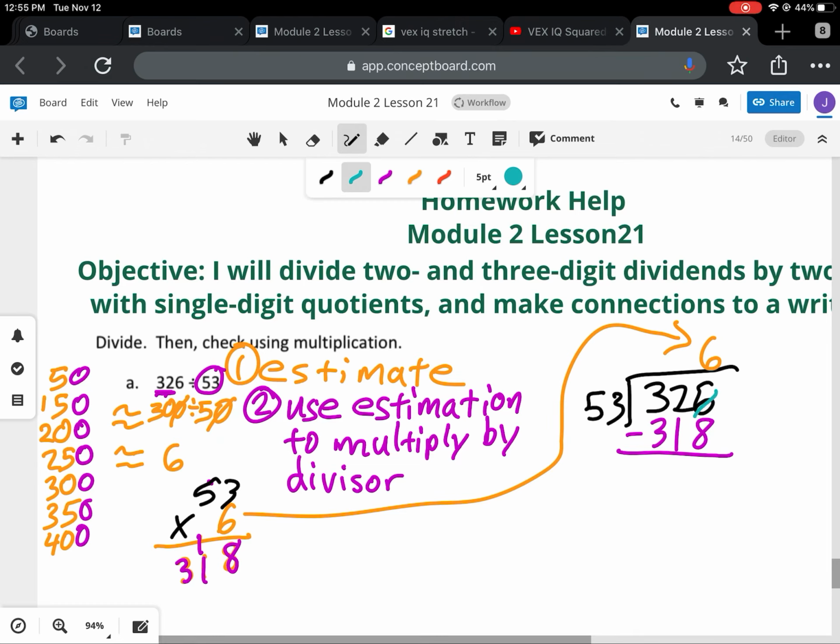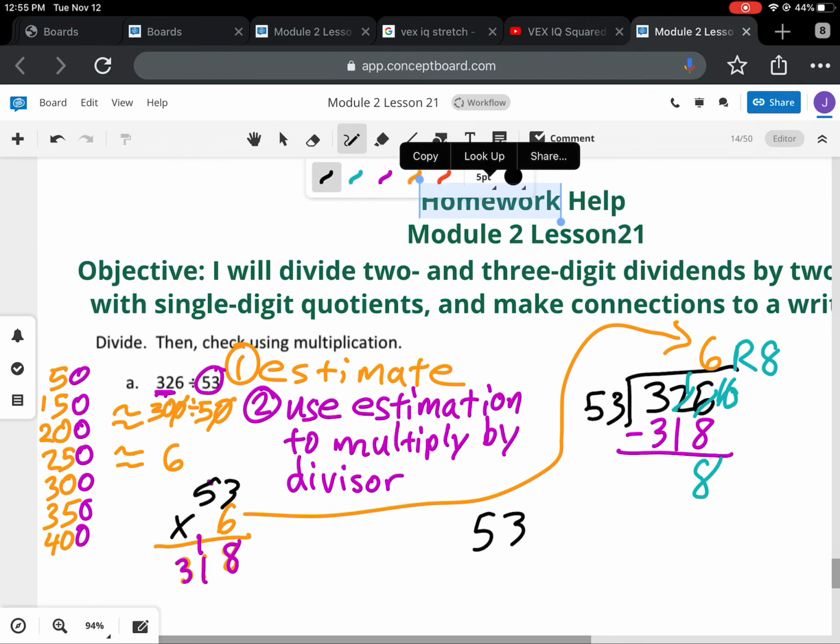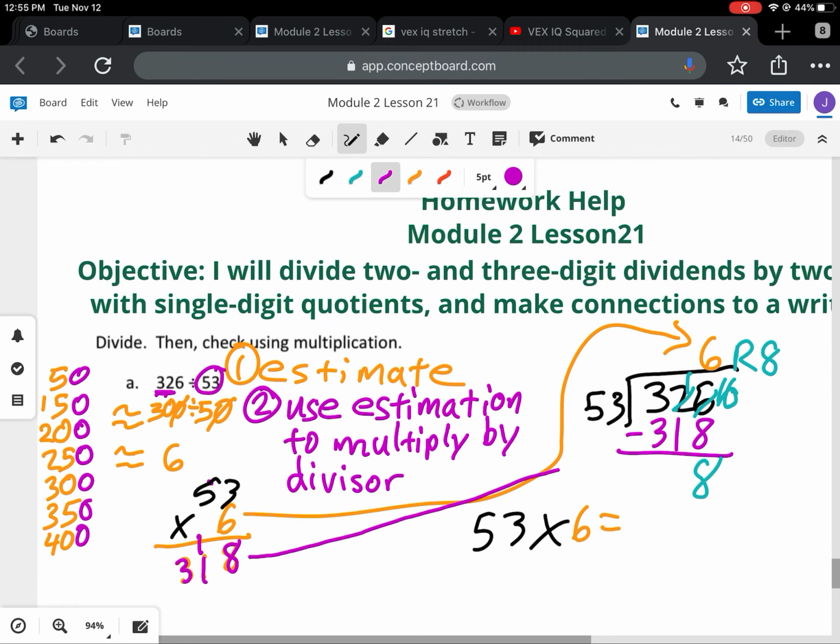Alright, so now I'm going to subtract. 16 minus 8 is 8. So I have a remainder of 8. 8 is less than 53, so I know I'm correct. Now how am I going to check for sure? Well, I'm going to multiply 53 times 6, and I already know the answer to that because it's right here: 318.